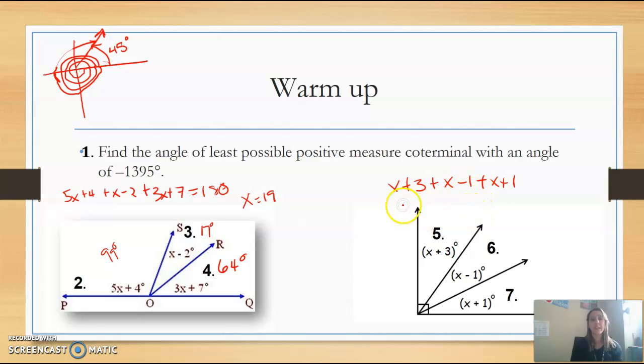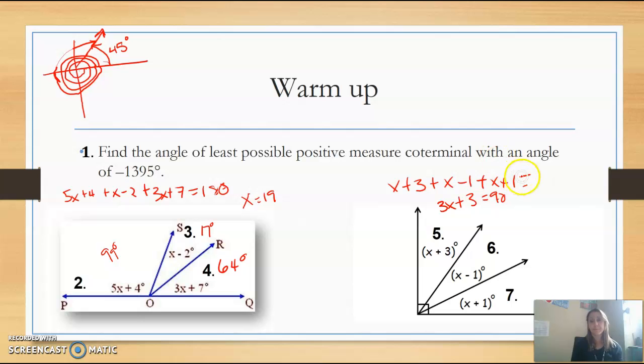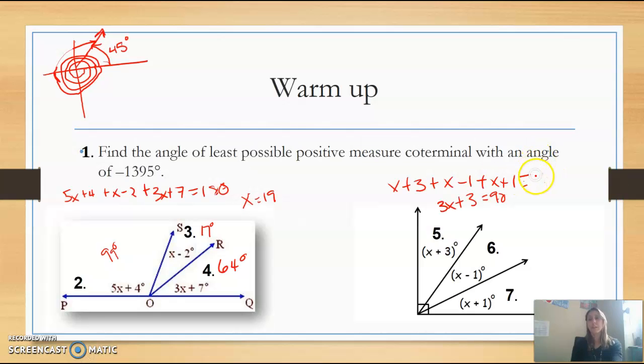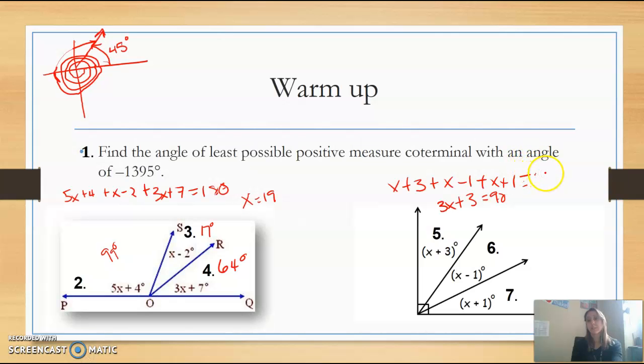So then we end up with 3 x's, so 3x, and then 3 minus 1 is 2, 2 plus 1 is 3, and this is all equal to, oops, I forgot to put that here, 90 degrees, sorry.